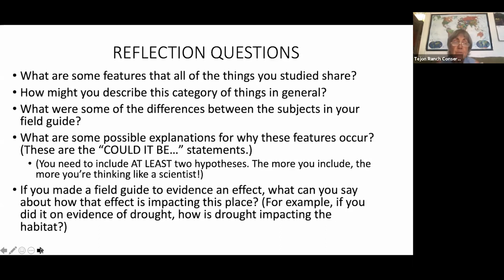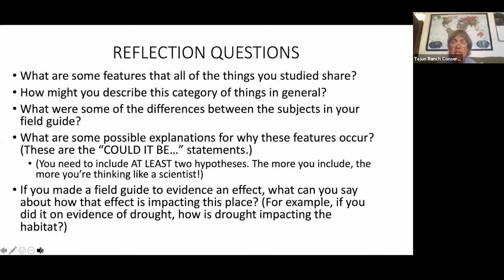Now, if you made a field guide that evidences an effect, like I did, the change of season, what can you say about how that effect is impacting this place? For example, if you did it on evidence of drought, how is that drought affecting the habitat?